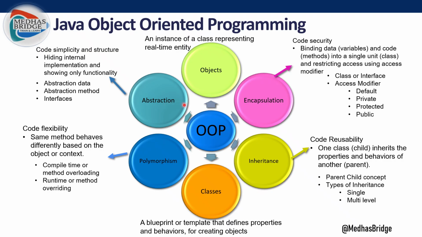Now, abstraction means hiding internal implementation and showing only functionality, which is achieved through abstract classes, abstract methods, and interfaces. With this technique, we achieve code simplicity and structure.